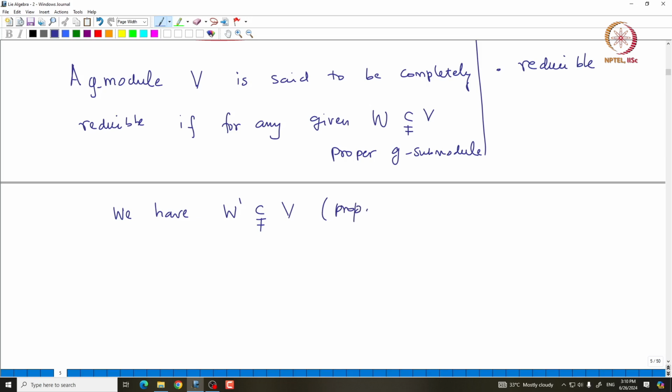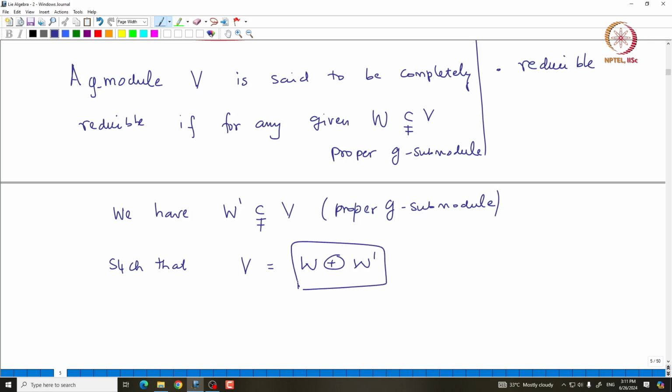That just follows from W being proper anyway. This is a proper G submodule such that V can be written as W direct sum W dash. Okay. So, this is indeed a sum of actually vector spaces, but anyway.